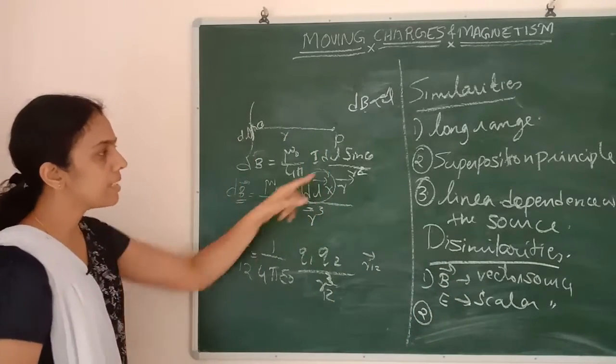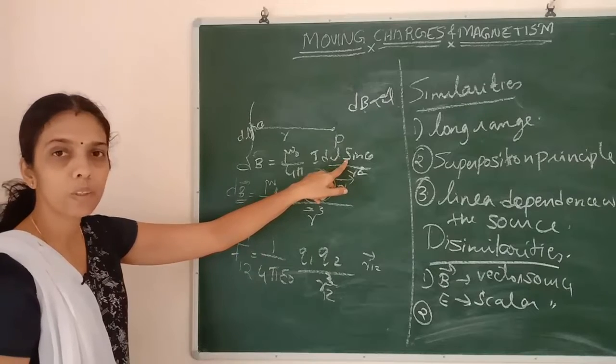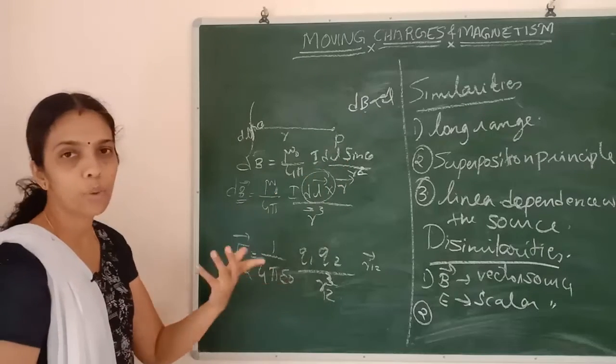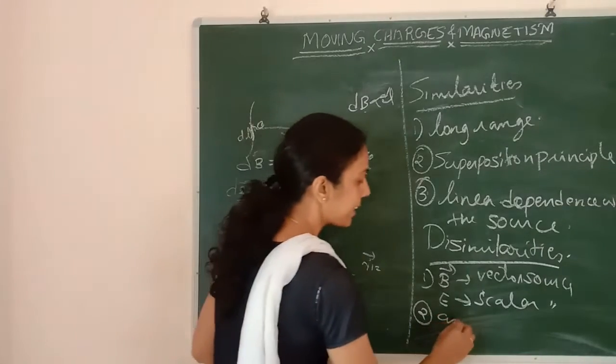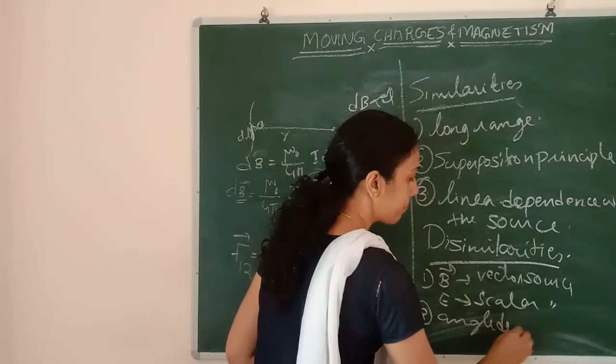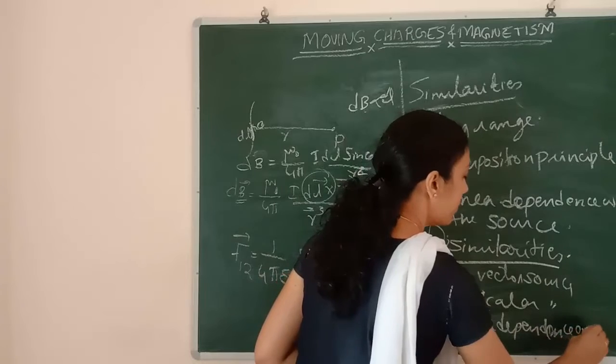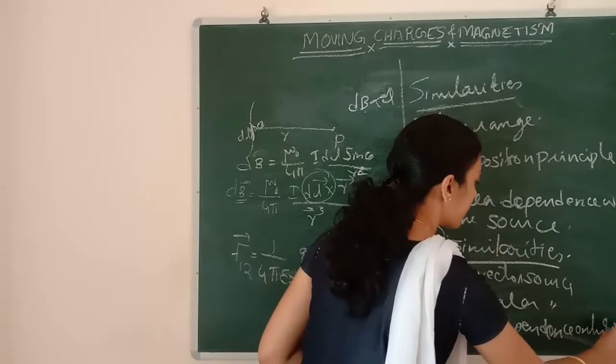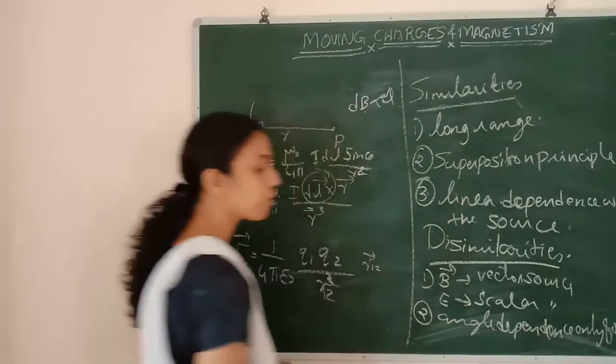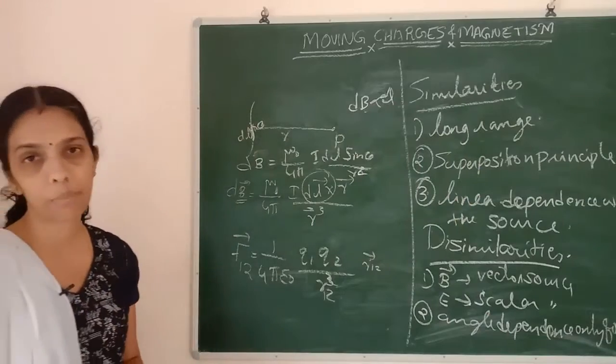The second is that there is an angle dependence for the magnetic field. Here there is no angle dependence. Only in the magnetic field is there an angle dependence.